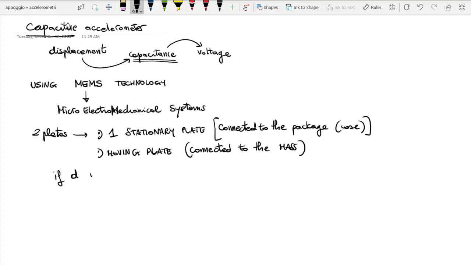If d is the distance between the two plates, then the capacitance is proportional to the inverse of the distance.